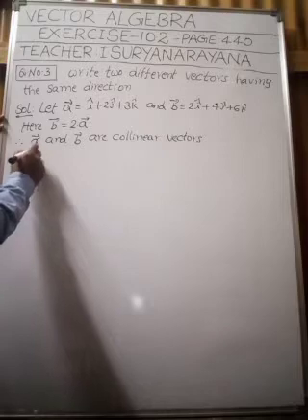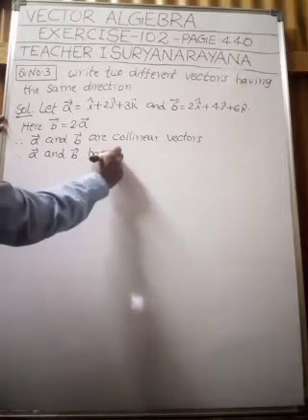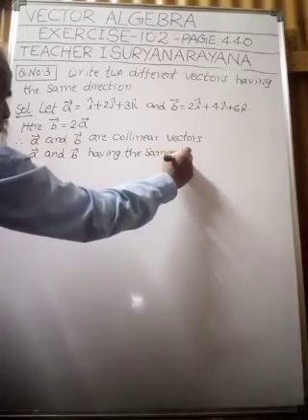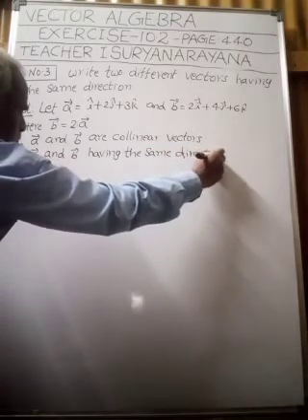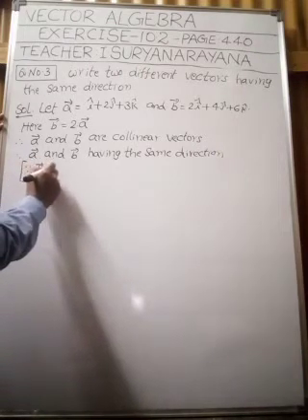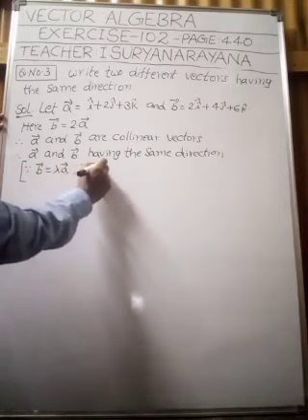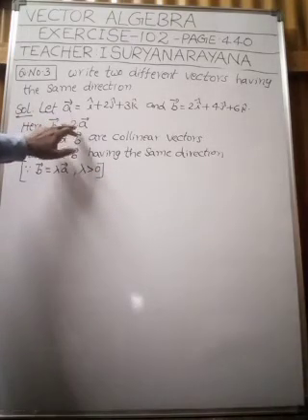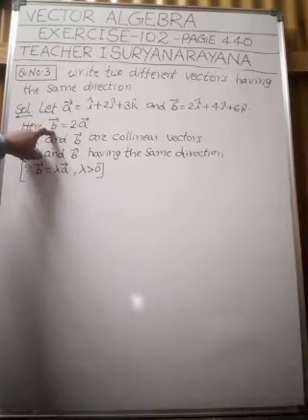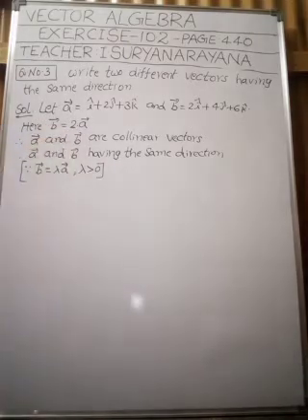Therefore, A bar and B bar are having the same direction, because B bar is equal to lambda A bar, where lambda is greater than 0. Here, see this coefficient of A bar is taken as greater than 0. That is why we can say that B bar is also having the same direction that of A bar. Understood this point, my children?